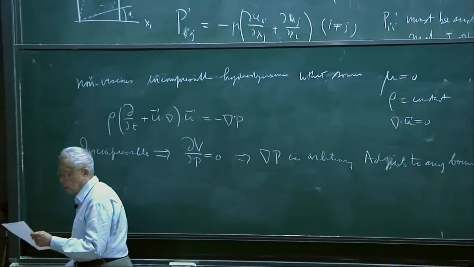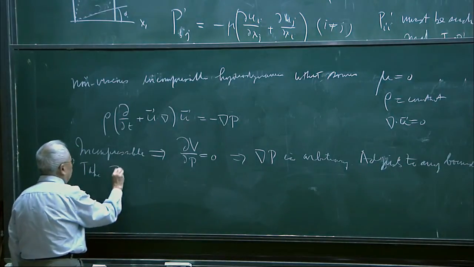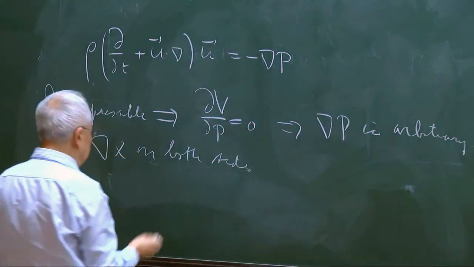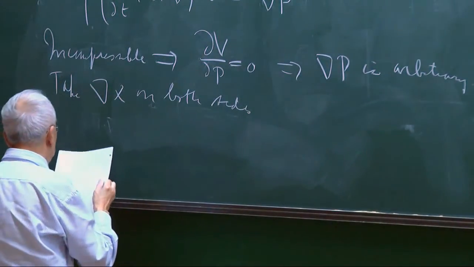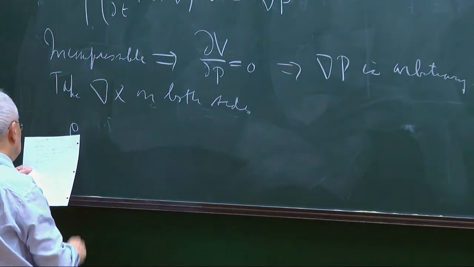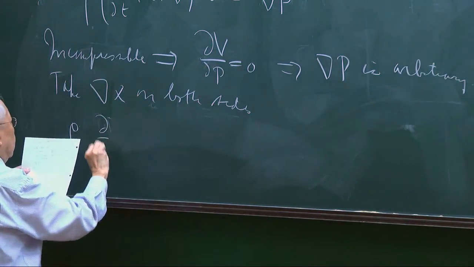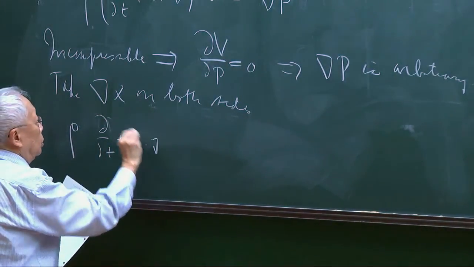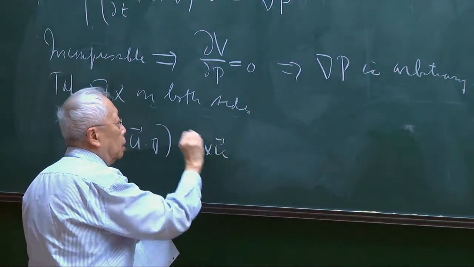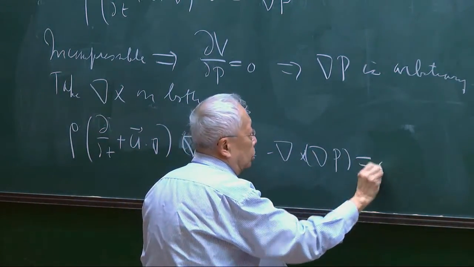To investigate some of the properties of this equation, let's take the curl of both sides. On this side, rho is a constant, so you just get rho. The curl just commutes with this. So (d/dt plus u dot gradient) curl u is equal to the curl of the gradient, which is equal to 0.